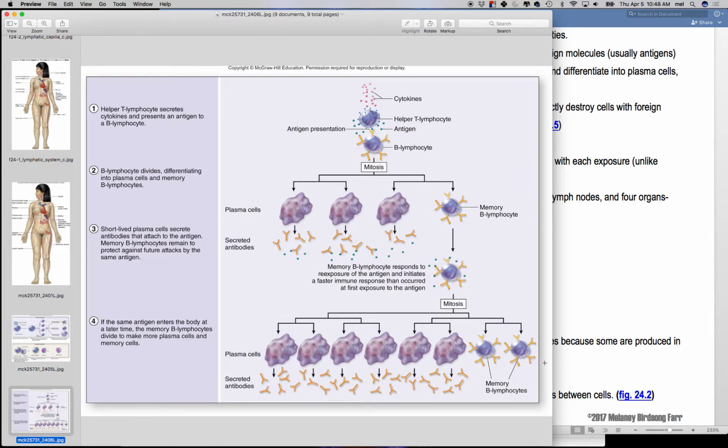So if you go through this process, you can see that with first exposure, you might go from one memory B cell that knows anything about measles to 5,000 memory B cells. And can you see with 5,000 at the second exposure that you're less likely to get sick at the second exposure?